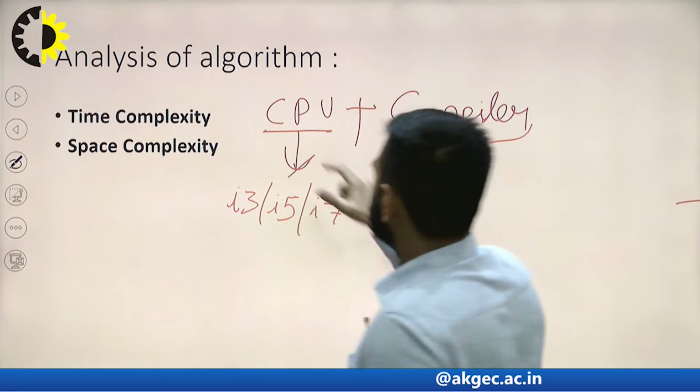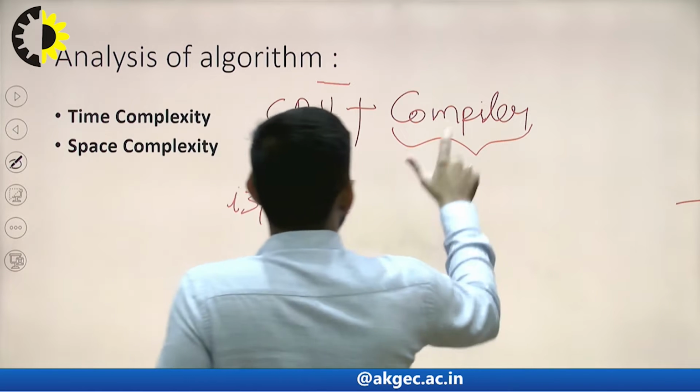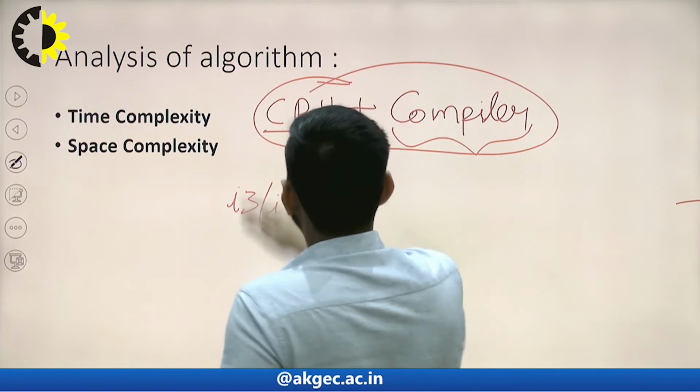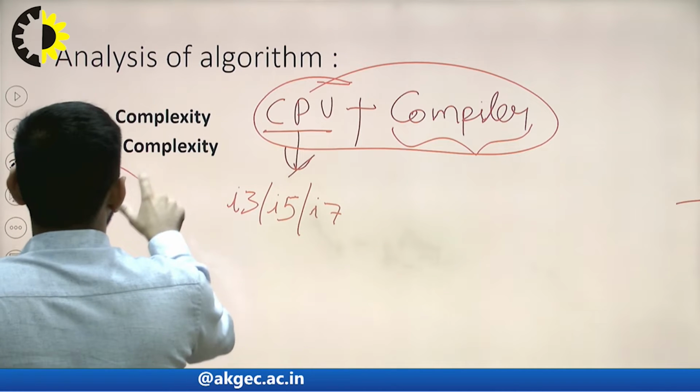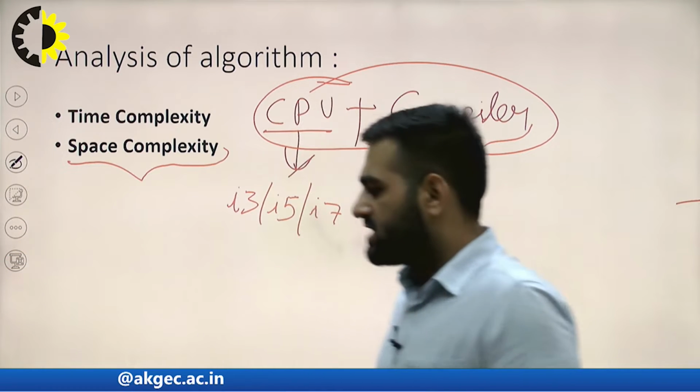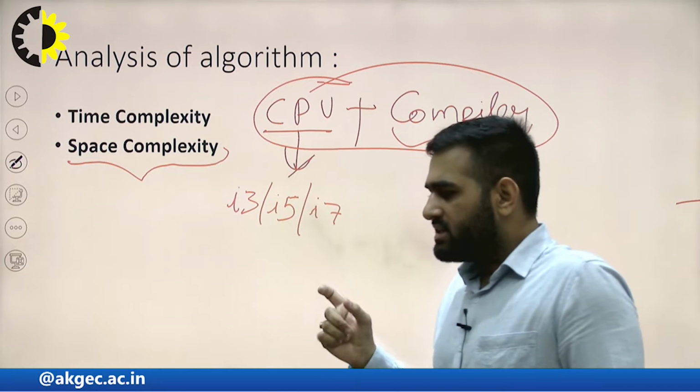Okay. So this is the first analysis of an algorithm, time complexity. Next is space. Space complexity is nothing but how much stack size the algorithm is using.